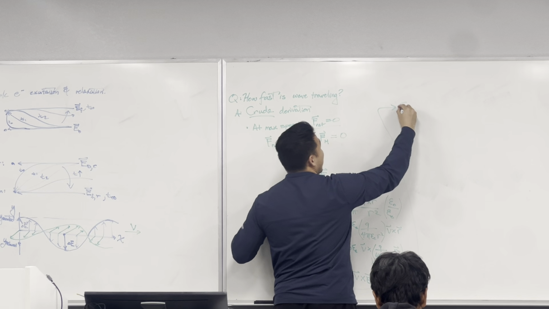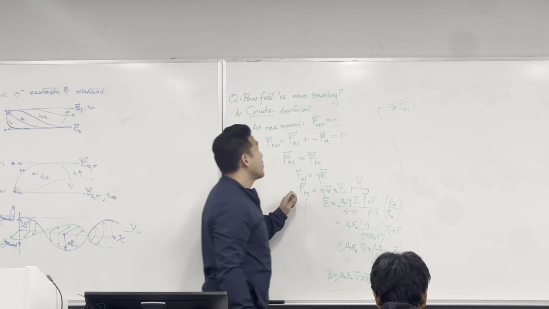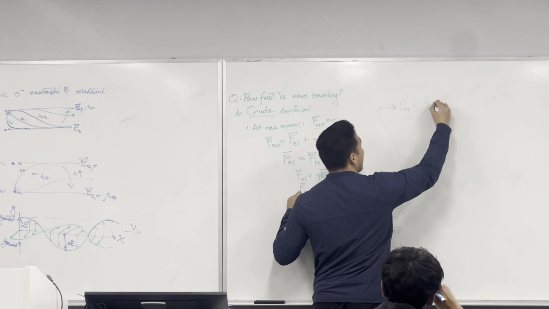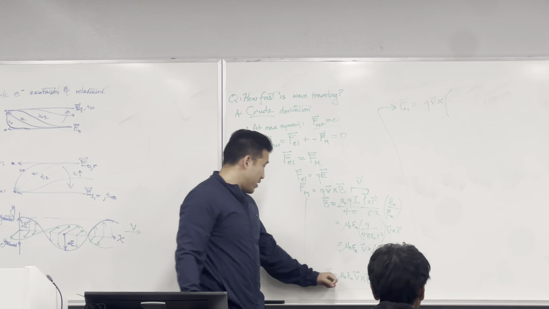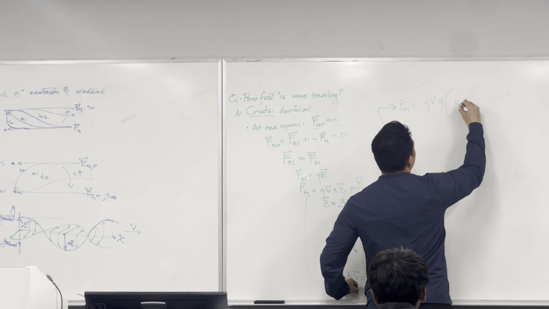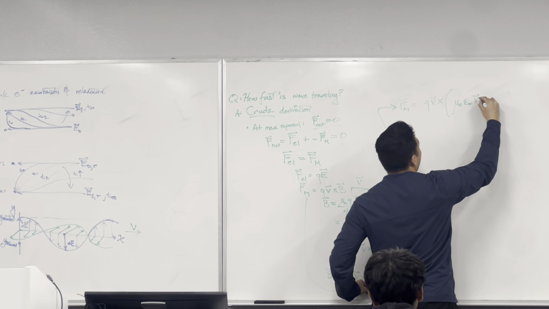Then the magnetic portion of the force is equal to Q V cross the magnetic field term that we just derived, which is mu naught epsilon naught V cross E.